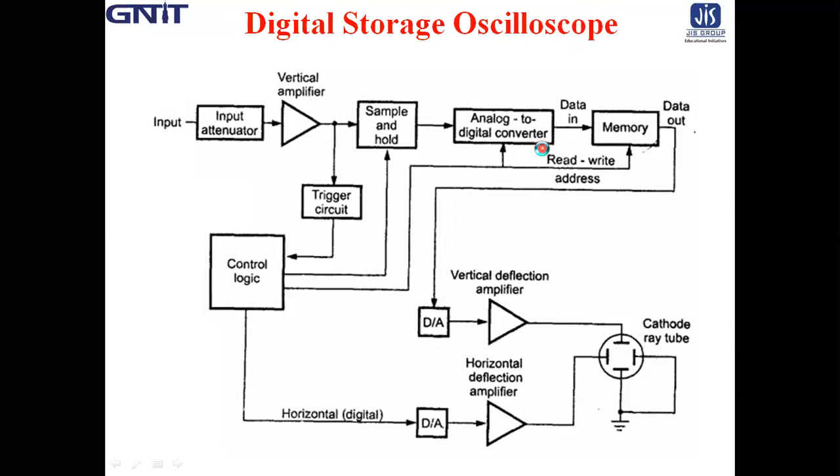For no loss of information, the sampling rate should be at least twice the maximum frequency of the input signal. The main limitation of DSO is the digitizing capacity of the analog to digital converter.